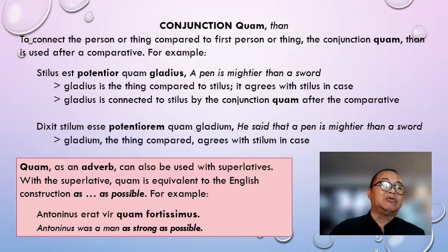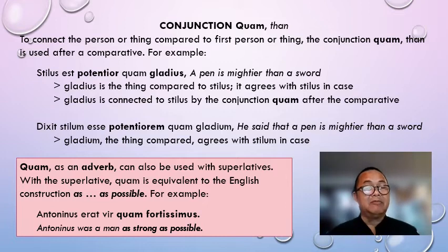It agrees with stilus in number, gender, and case because here potentior is a complement or predicate adjective, and we know from the rule of agreement that a complement adjective or predicate adjective agrees with the subject in number, gender, and case. So stilus is masculine, potentior is masculine.